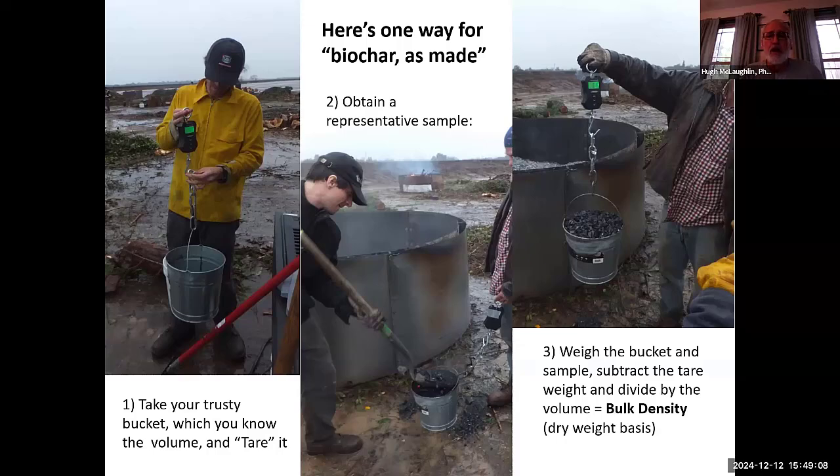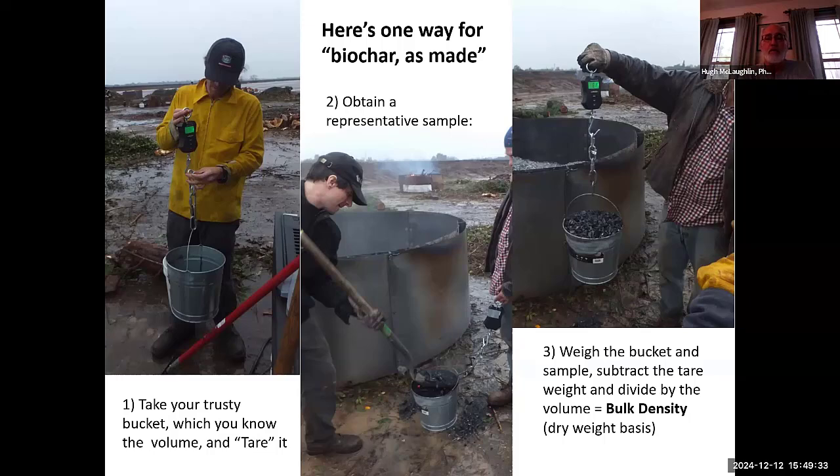This is a measurement of as-made biochar. There was a ring kiln event where they made the char. All you need, and on the left, is a way of weighing something and a device to hold the volume. And you tare it, subtract away the starting weight that's not biochar.